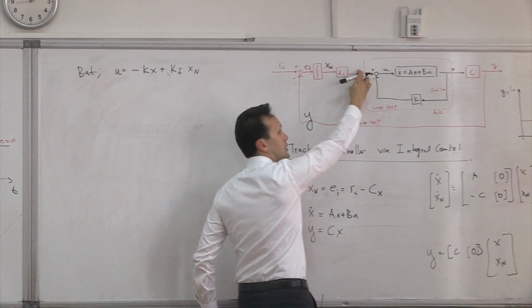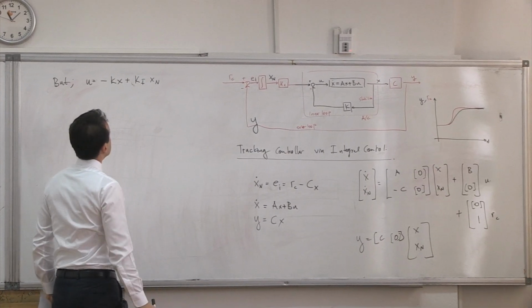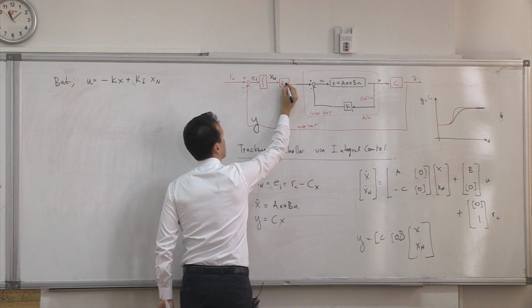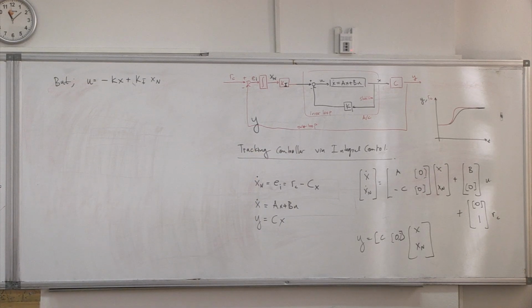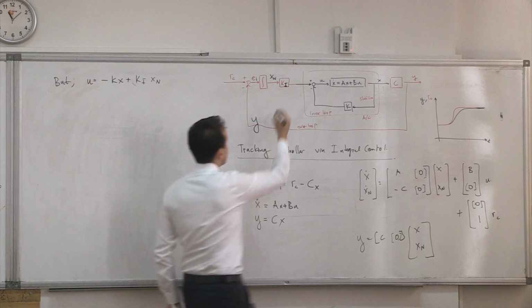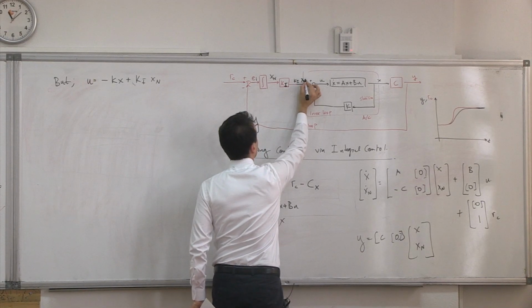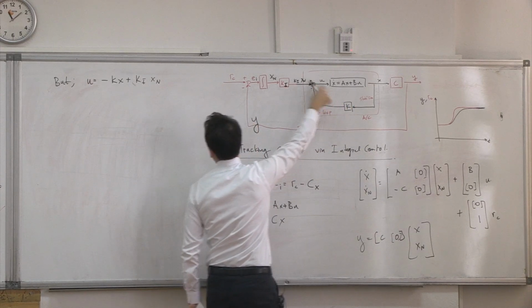So just remove this r. Let's make this ki to say this is the integral controller. Ki over here. So it's ki times xn. That signal minus k times x is equal to u. And that's here.